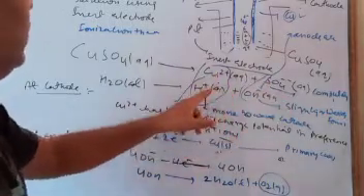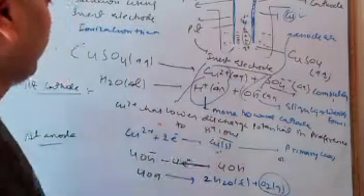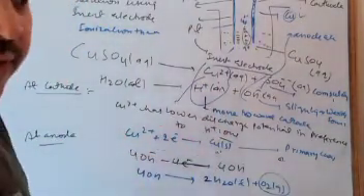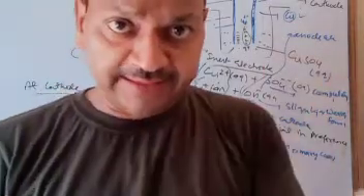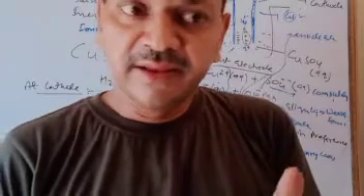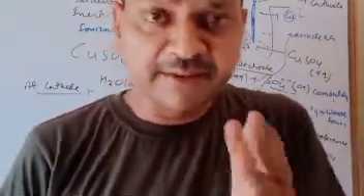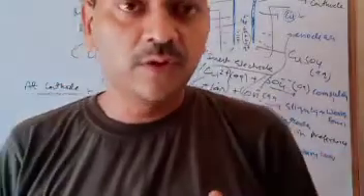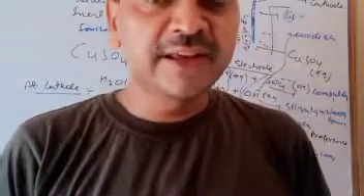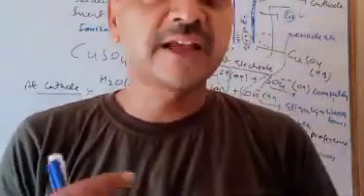Now two types of change take place: primary change and secondary change. At the cathode, the key is selection. If two different ions, like copper ion and hydrogen ion, are present near the electrode, we give preference on the basis of relative discharge potential.